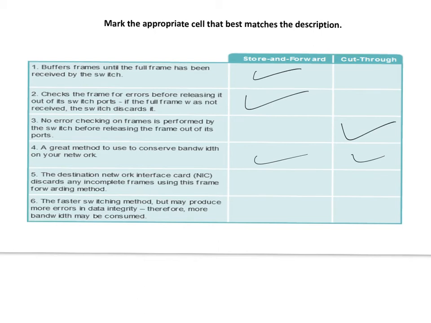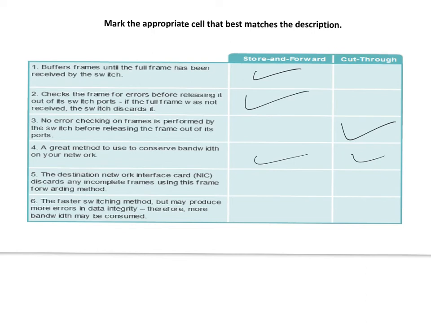Why? Because for store and forward, you have to store the entire frame, which slows you down. Yes, so that's a disadvantage. But on the other side, when you send the frame, you actually utilize the bandwidth efficiently because you don't send anything except the frames that have no errors.